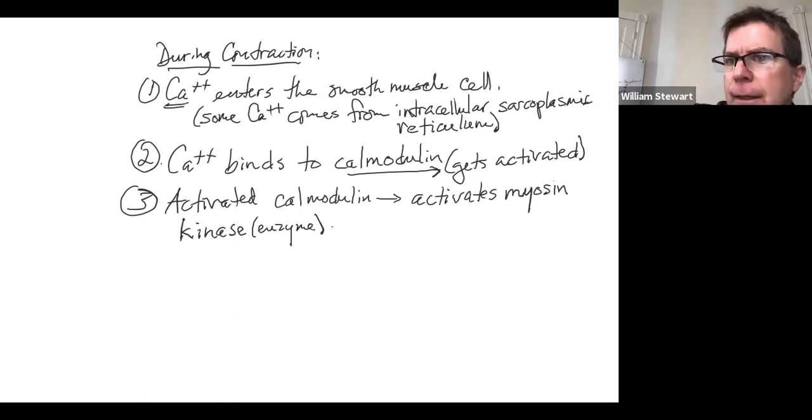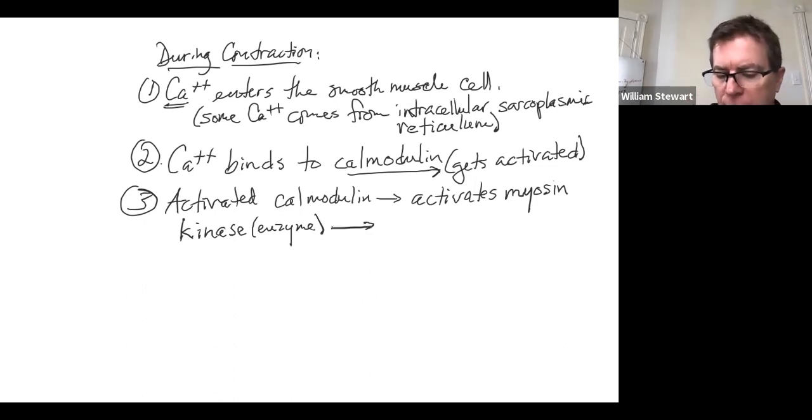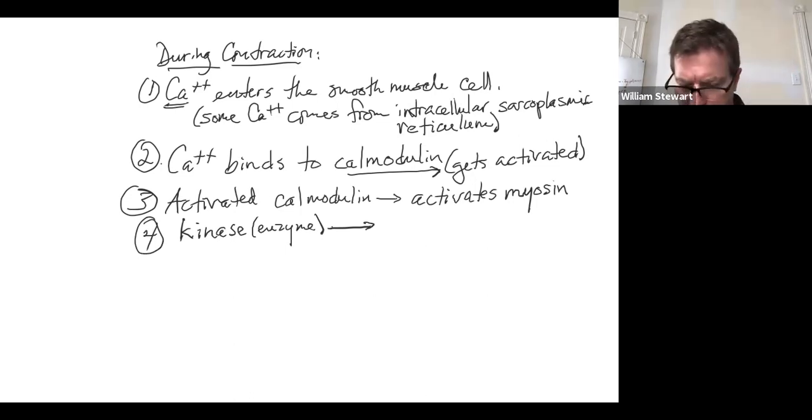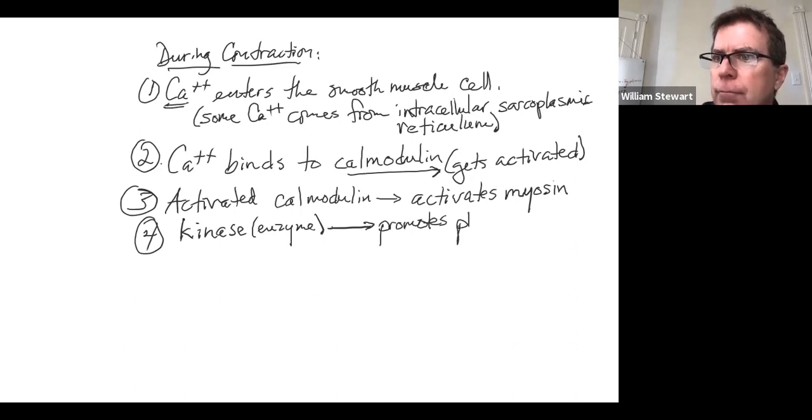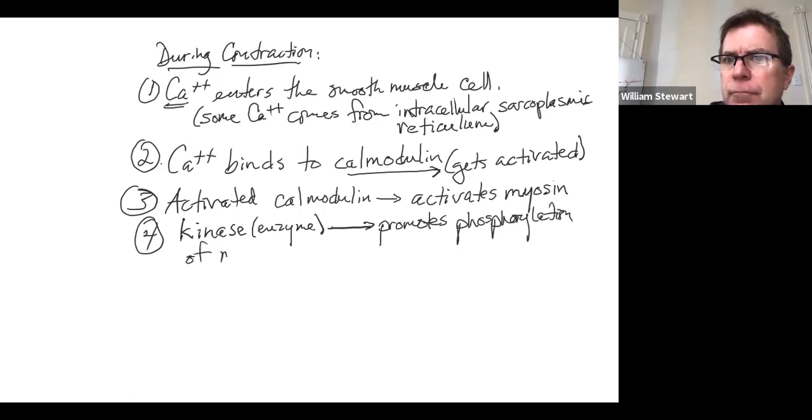Activated myosin kinase then, so this is really number 4, promotes phosphorylation of the myosin head. Remember, ATP is still involved. I'll put in parentheses from ATP.